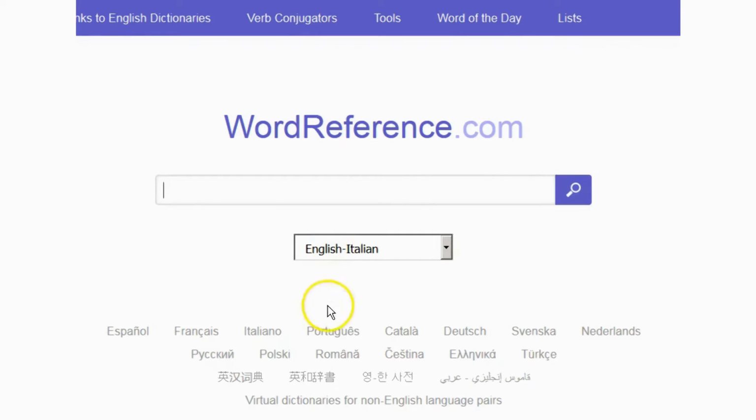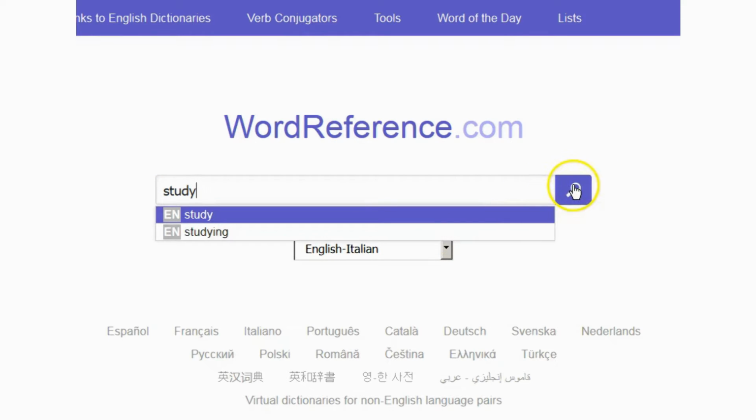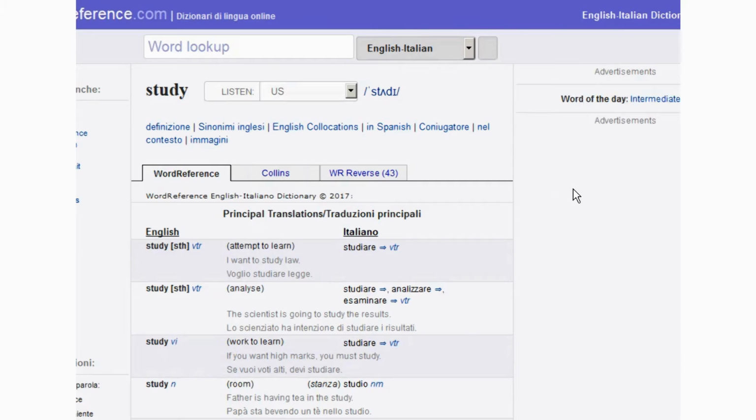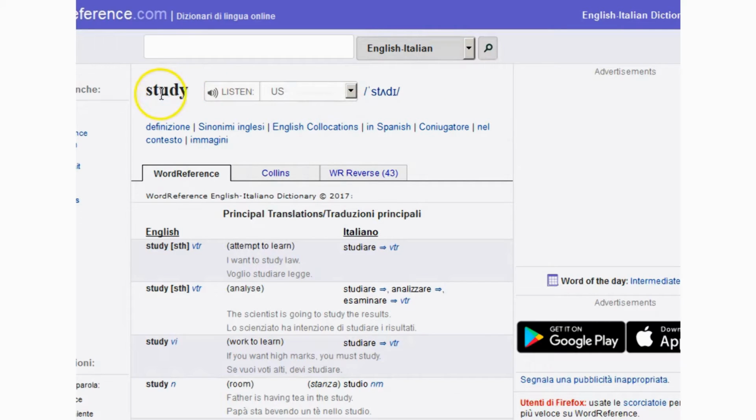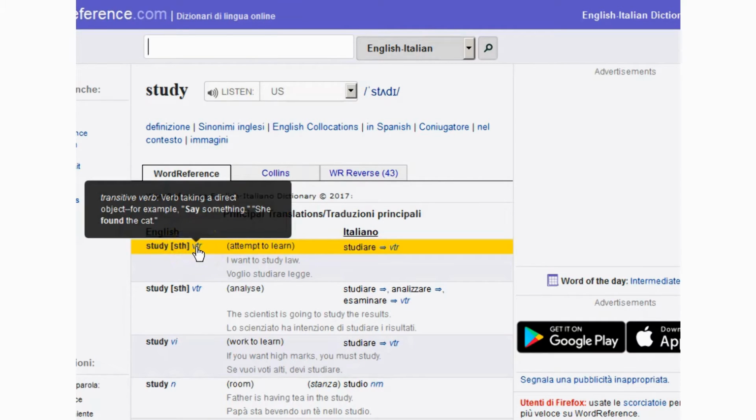Here's the example, WordReference, English, Italian. Let's type in study. And we'll find study. We go down, we look at the main translations, and it tells us that it's a verb, and it explains what kind of verb it is, transitivo, which takes a direct object.